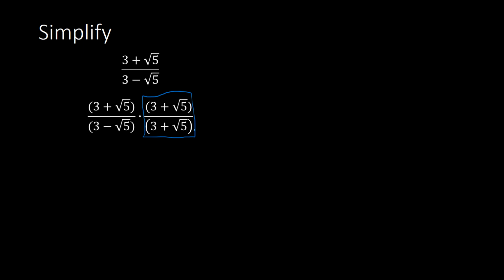And for the numerator, we have 3 times 3. We have to distribute. We get 9. 3 times square root of 5 would give you 3 square root of 5. And then square root of 5 times 3 would give you another 3 times the square root of 5. And the square root of 5 times the square root of 5 would give you square root of 25, which would just be 5.